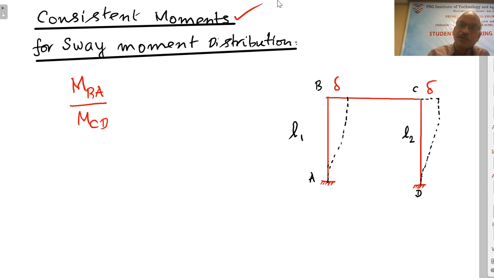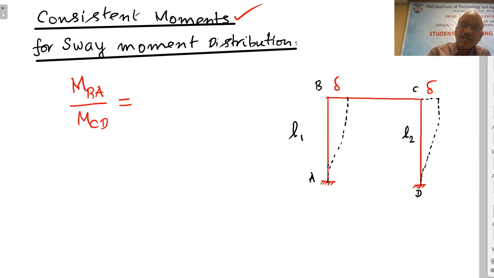Therefore, you need not worry whether the sway is assumed to the right or to the left. Assuming it sways to the right, now for the columns MBA and MCD we have to assume consistent moments. Now, for the column AB, A is fixed.